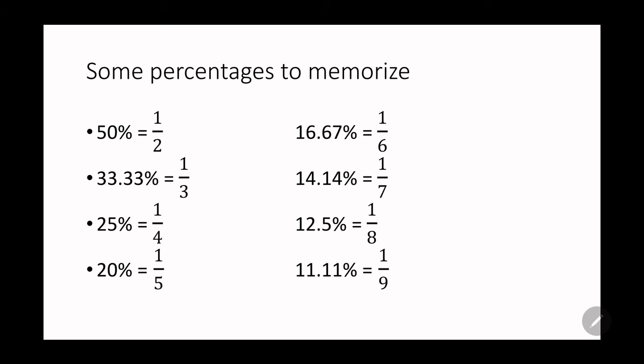That is, you should be able to convert 16.67% to 1/6 and 1/6 to 16.67%. Now take a look at the rest of the percentages as well. In fact, I recommend that you take a screenshot of this slide and memorize them.